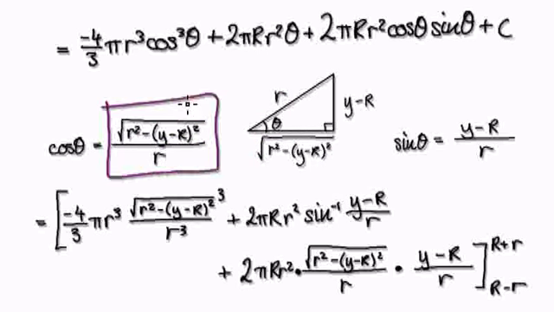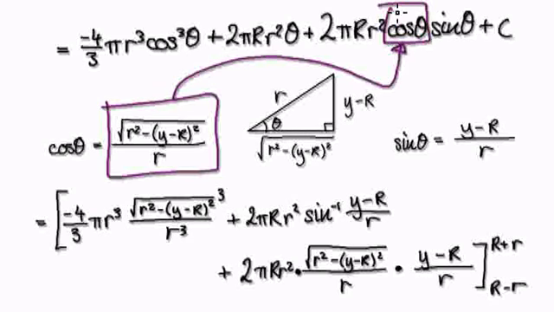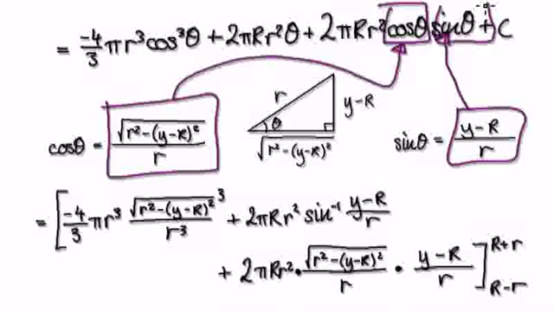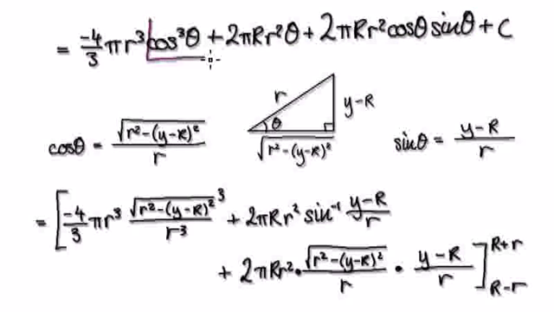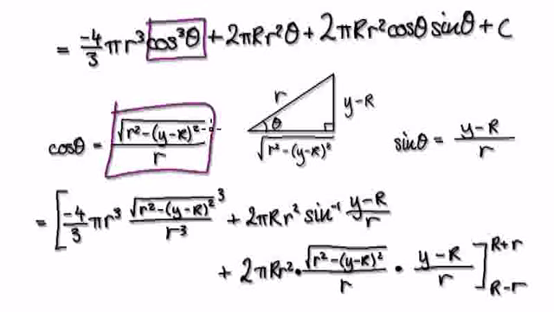So we can put this into the cos theta here. Into the cos theta. We can put sine theta into this sine theta here. And the theta on its own, we can inverse this thing here. So well, and then cos cubed would be us cubing this thing here.